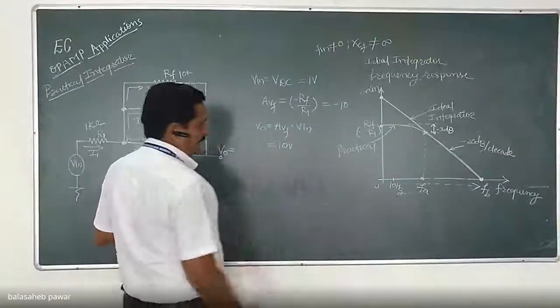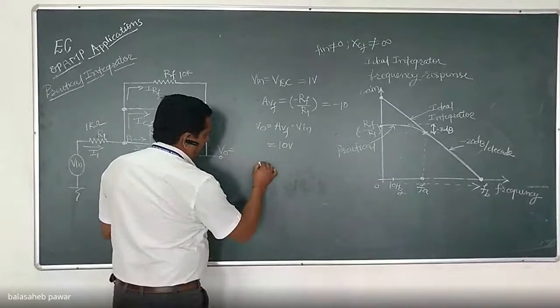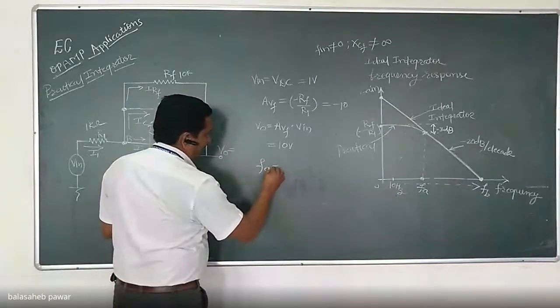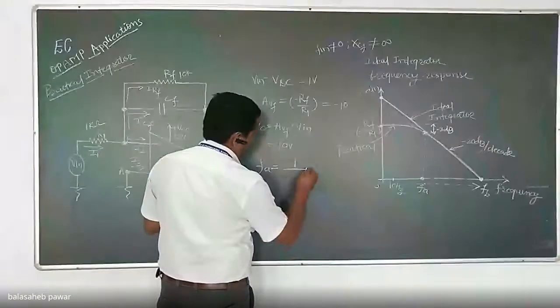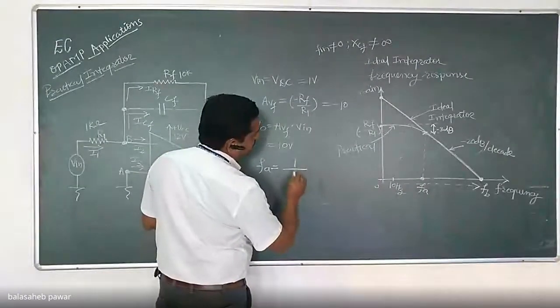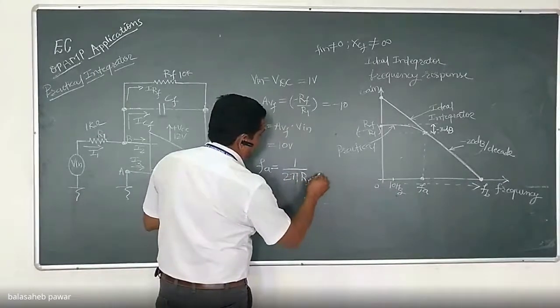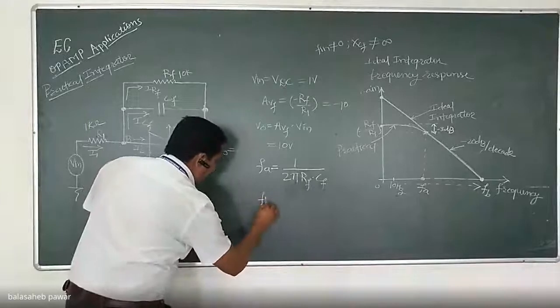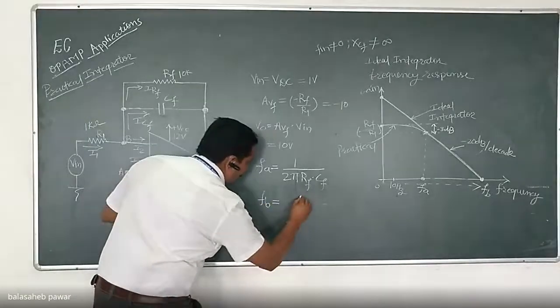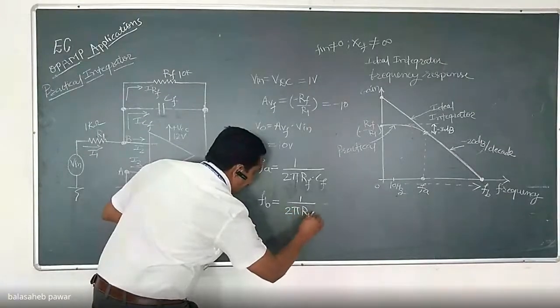So how are FA and FB determined? Simply note down the formula for FA, that equals 1 upon 2 pi into RF into CF, and the formula for FB is 1 upon 2 pi into R1 into CF.